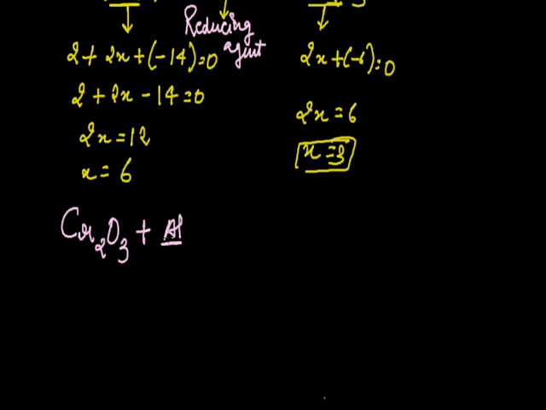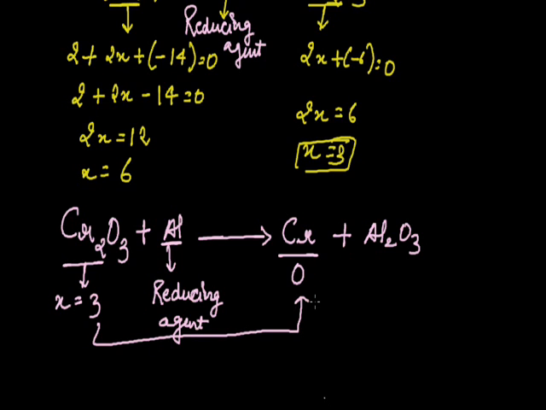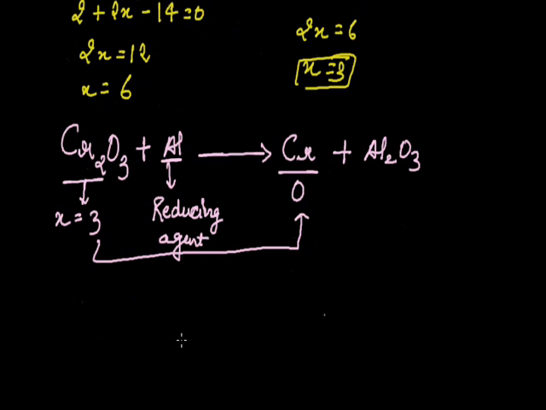As aluminium is present above chromium in the reactivity series, aluminium acts as a reducing agent and it will reduce the chromium oxide into chromium plus Al2O3, as here the oxidation state of chromium is 0 and in the oxide, as we found above, it is 3. The chromium oxide gets reduced into chromium. In this way we will easily extract the chromium by using such a reaction.